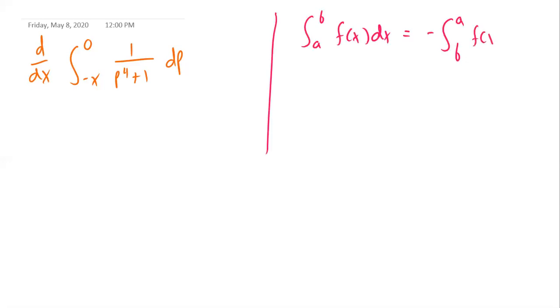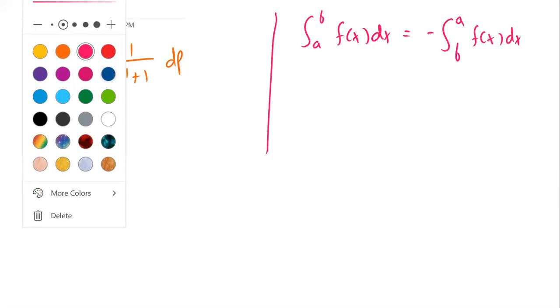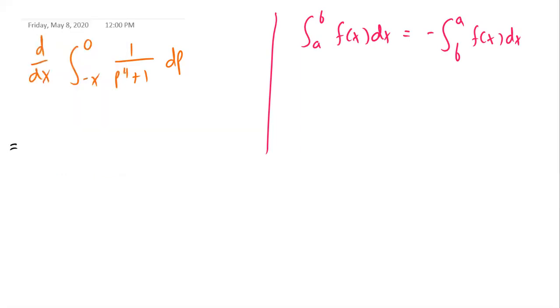And we did examples of this in either section 5.1 or 5.2, meaning that we can rewrite this as the derivative, and then we'll just add a negative. So we change the order of integration here, change the bounds. Then, of course, the negative is a constant, so we can move it out of the derivative.